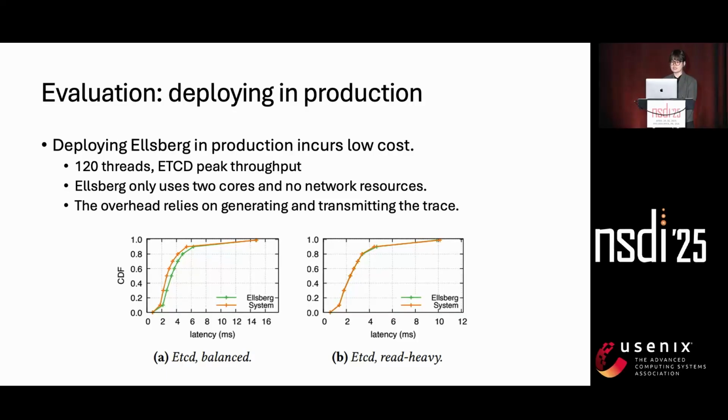So this is the latency number of the running system, which is SAD here, without and with Ellsberg. We run SAD with 120 client threads, which results in SAD's peak throughput. We can see that deploying Ellsberg in production incurs very low cost. This is because Ellsberg only uses 2 cores and there is no network resources required. And the overhead relies on generating and transmitting the trace.